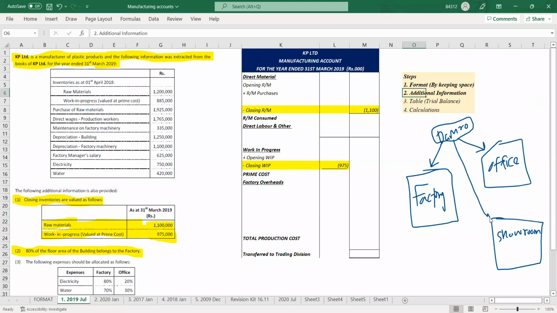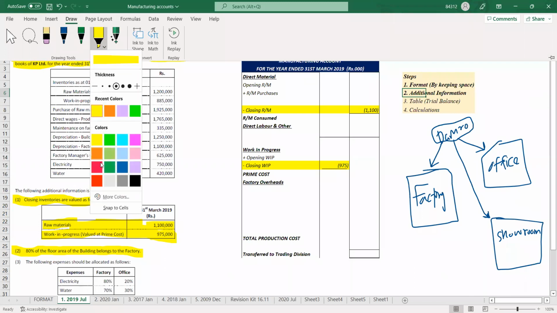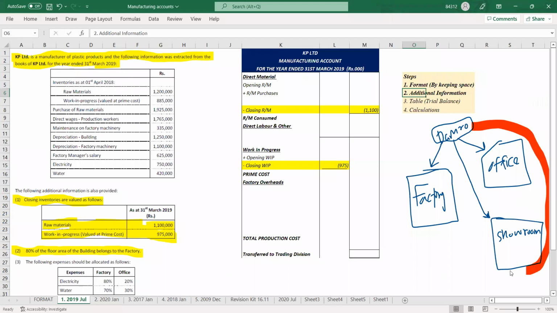They also have a showroom. Right? So let's say all these are in one place, in one building.